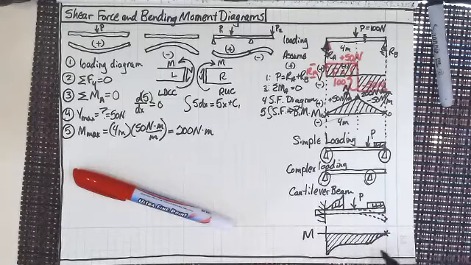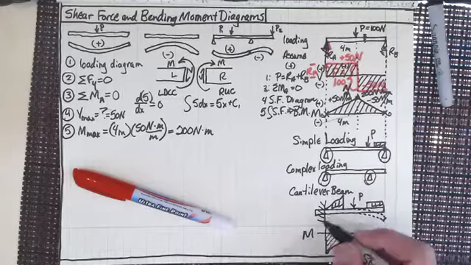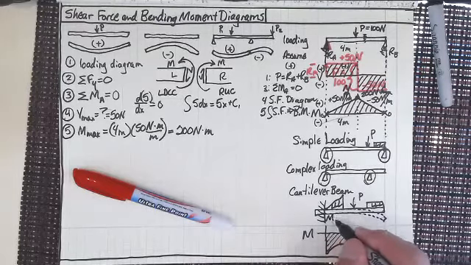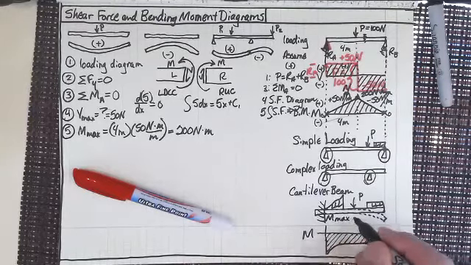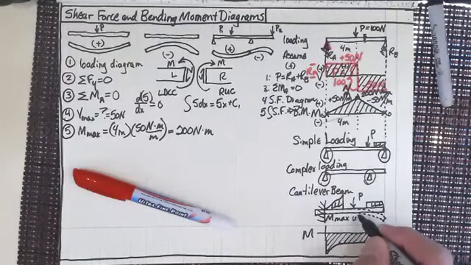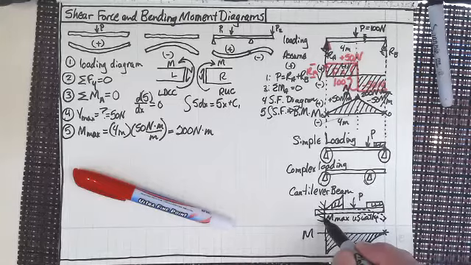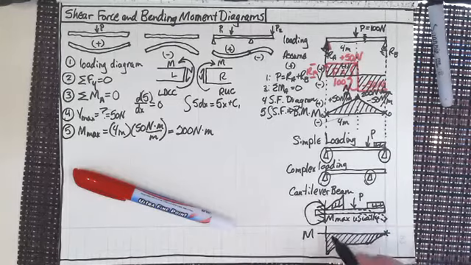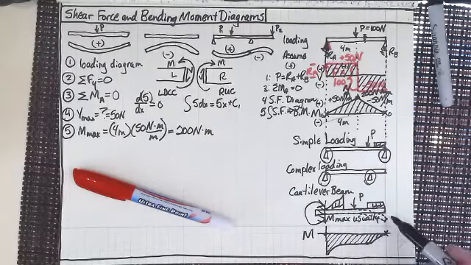So we've got it embedded, and the maximum moment is always going to be here. So M max usually is here, but I can modify this so that I could put a torque there, right?